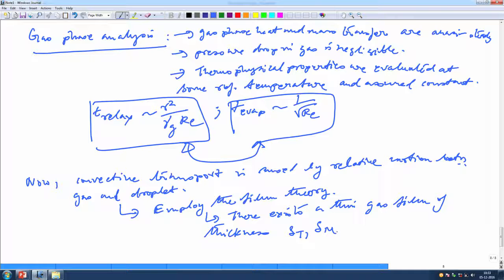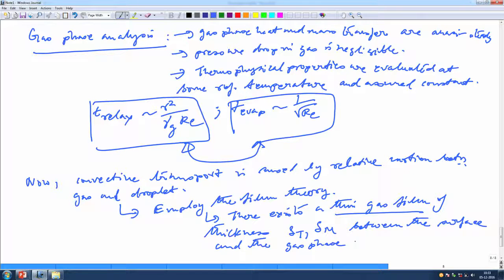One is for the temperature, that is the thermal, and one is for the corresponding mass basis. Between the surface, right, and the gas phase, that is the bulk gas phase.